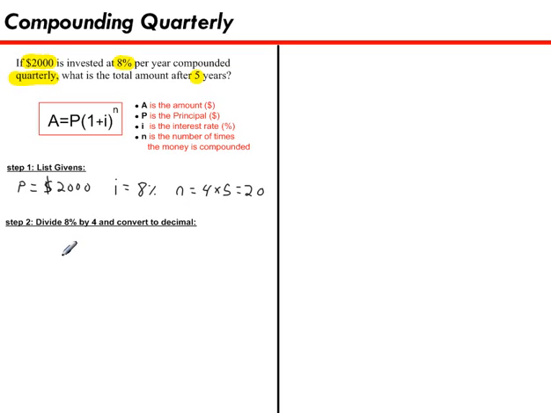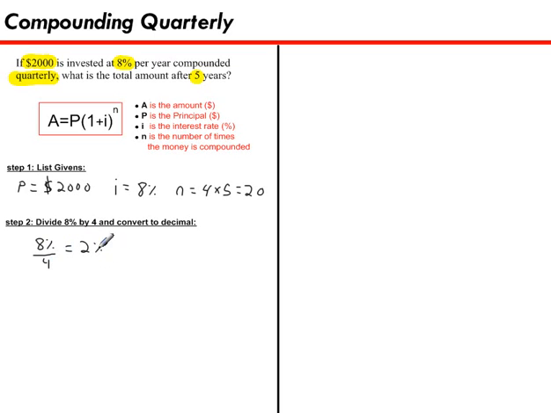In step 2, the first thing we'll do is take our 8% and divide it into 4, in other words, into quarters. And that's because the rate is given per year. However, we need to know the rate per quarter, so we'll divide it by 4. And 8% divided by 4, well, that's 2%.